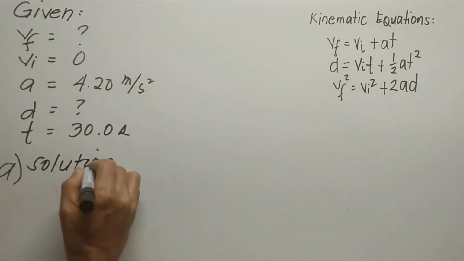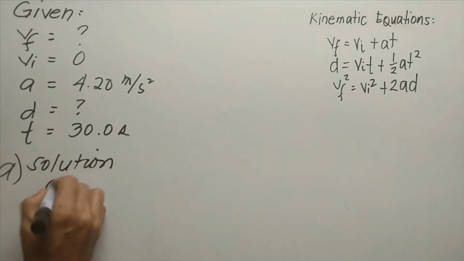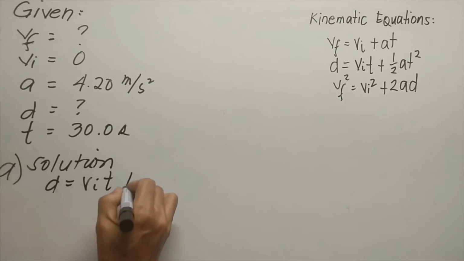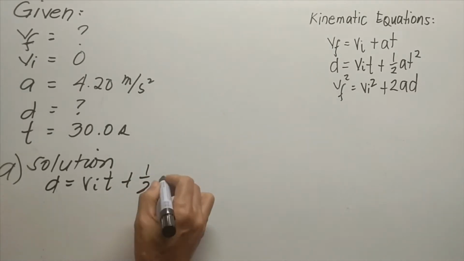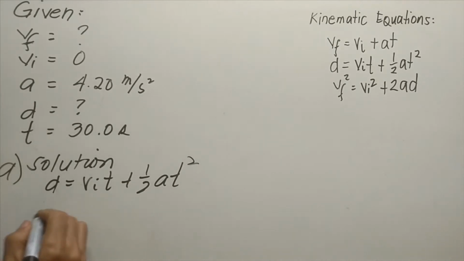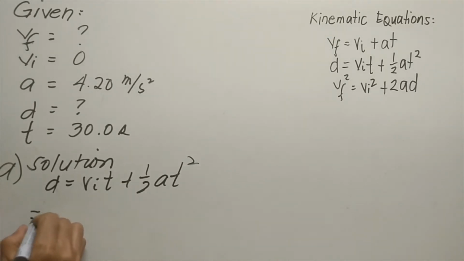For problem letter A, we will be using equation D is equal to Vit plus 1/2 At squared. So therefore, substitute all the given values to the formula.